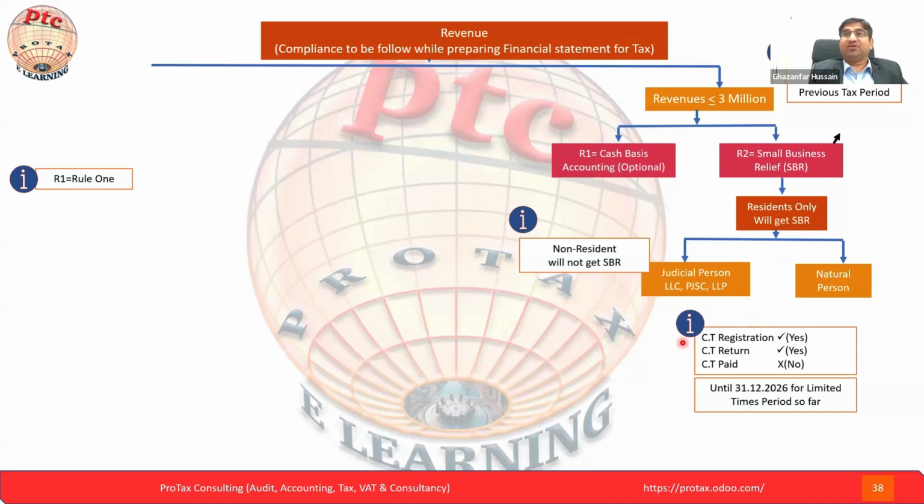But in the small business relief, commonly known as SBR, yes, you have to go for the CT registration and submit the CT return, but there is no tax. And the deadline to avail this relief is 31st December 2026.